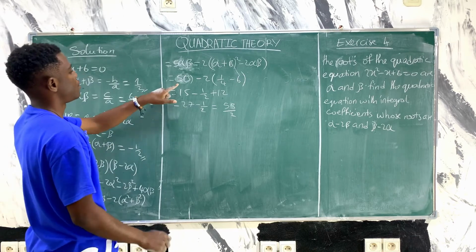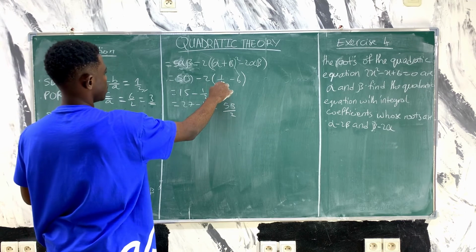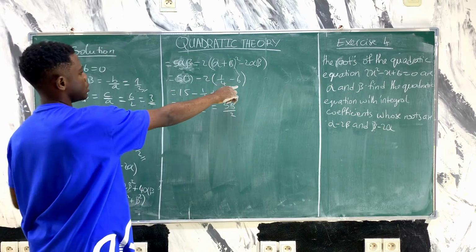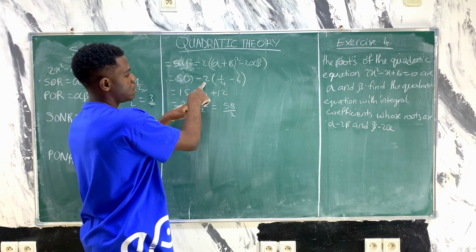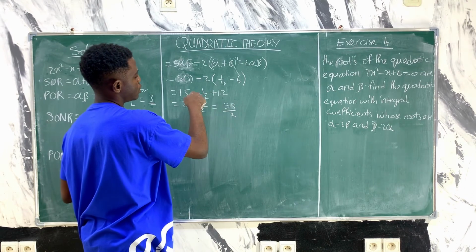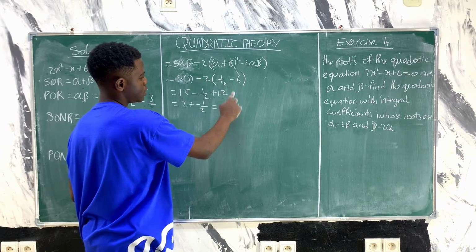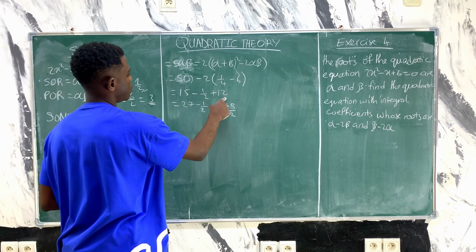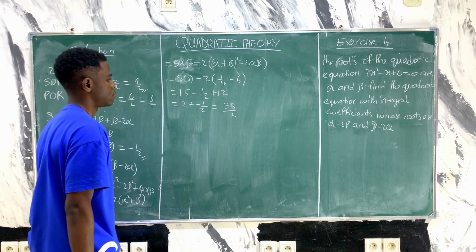Then 5 alpha beta is 15, minus 2 times 1/4 is minus half, plus minus 2 times minus 6 is 12. So when I add them up, I have 27 minus half, which is 53 over 2.